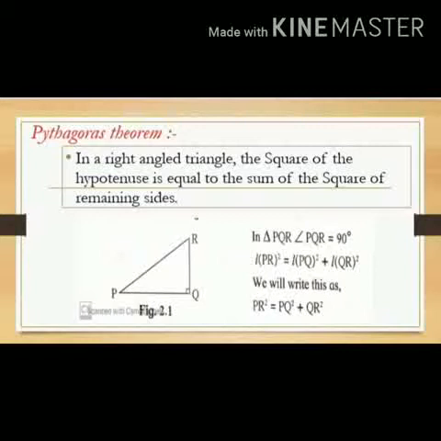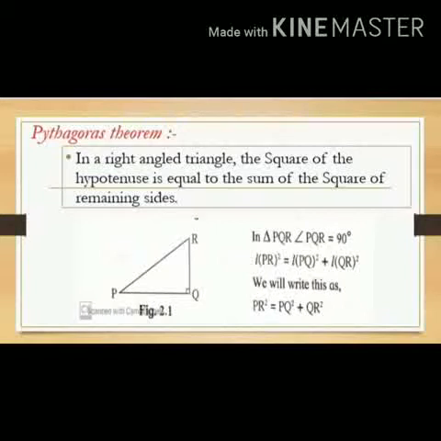As shown in the figure, angle PQR is equal to 90 degrees. According to Pythagoras theorem, length PR square is equal to length PQ square plus length QR square. We can write it as PR² = PQ² + QR². This is the Pythagoras theorem.